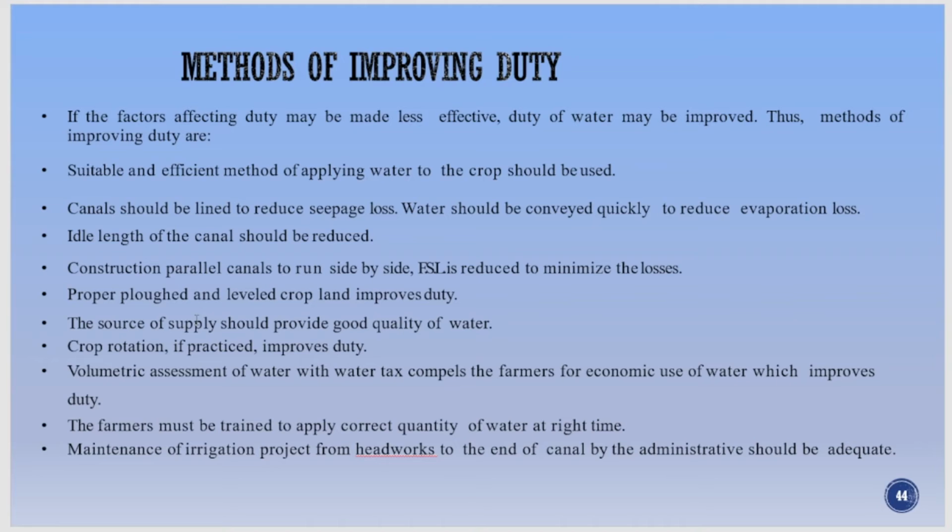First of all, there are some points written here. Before I go on to applying the factors or methods which are going to improve the duty, let us understand the process in which water is supplied to your field. First we store the water in the reservoir.